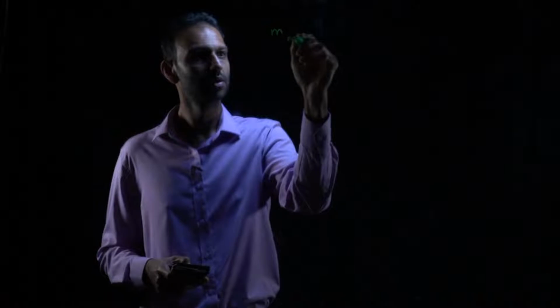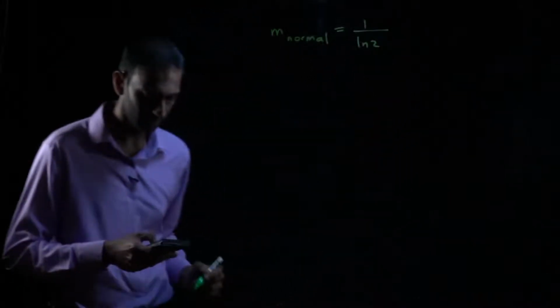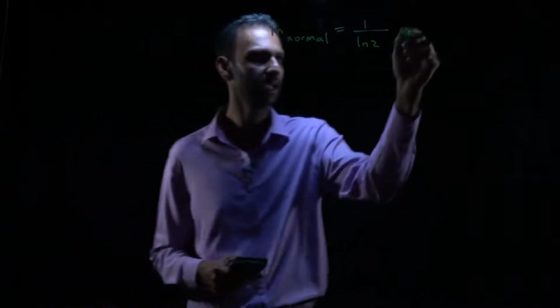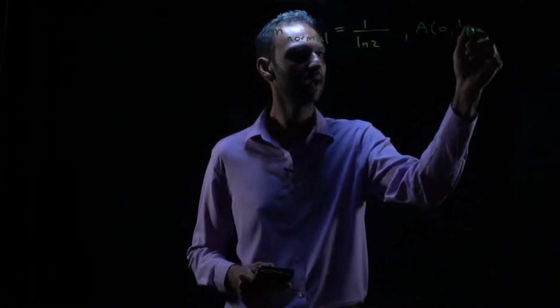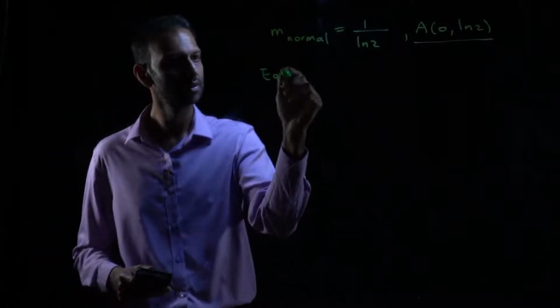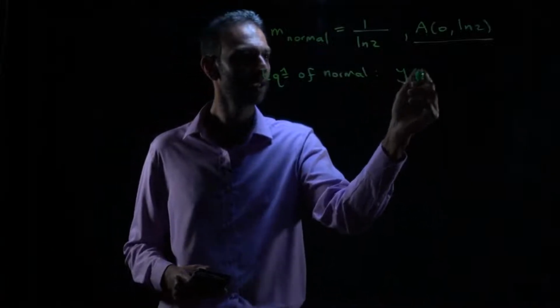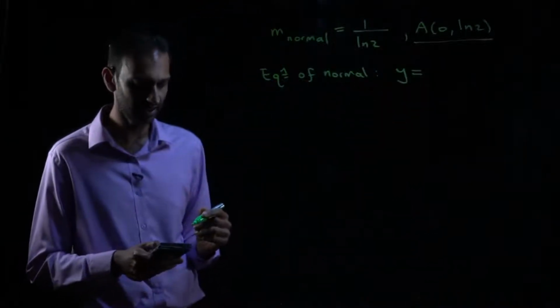Just to recap, the gradient of the normal, m of normal, was 1 over ln 2, and the normal was at the point A, which was (0, ln 2). So the equation of the normal is y is equal to mx plus c.